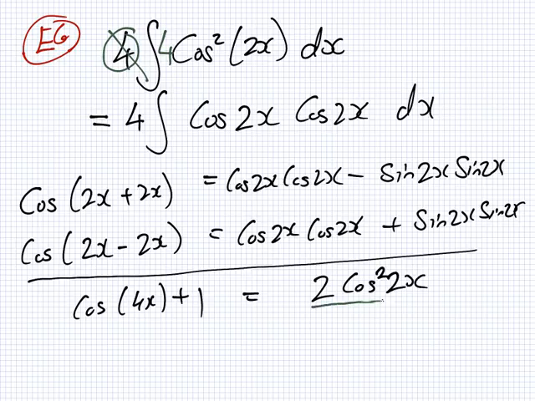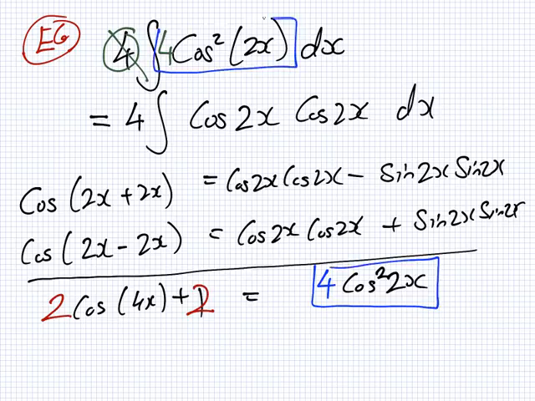I have 2 cos squared 2x, and I need 4 cos squared 2x. So what should I do here? I should multiply by 2. So if I put a 2 here and a 2 here, this one becomes a 4. And now what I have here is exactly what's in the question.